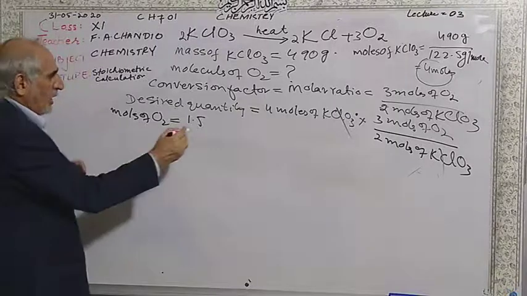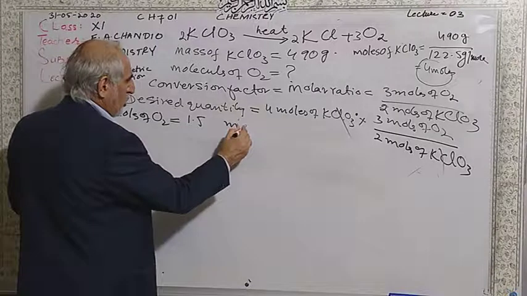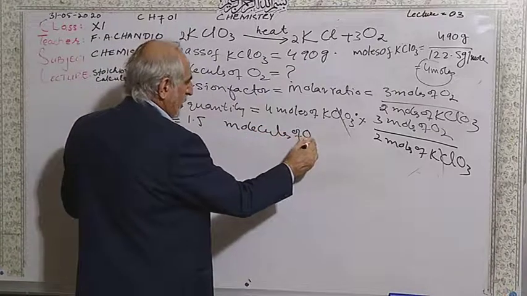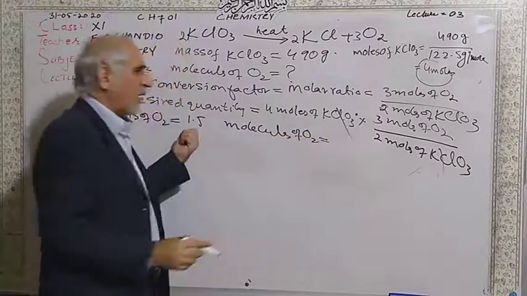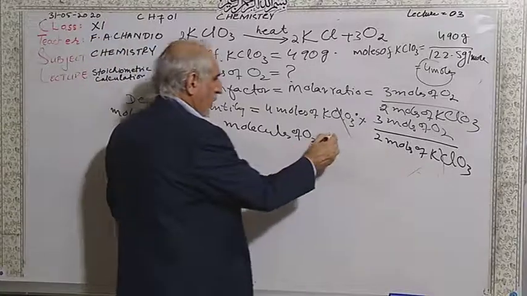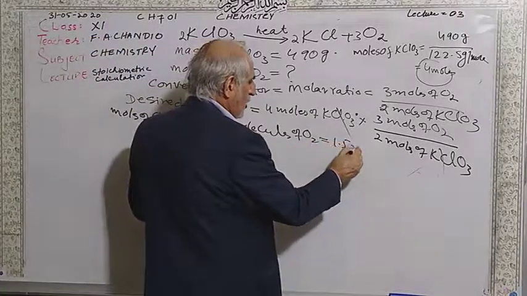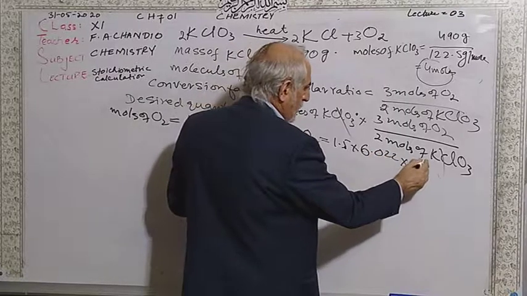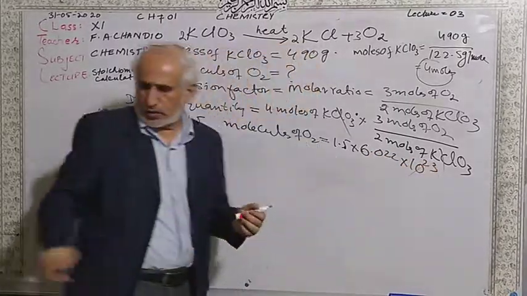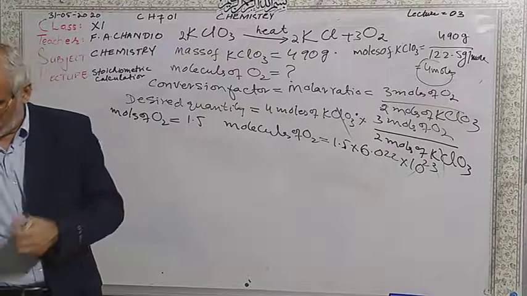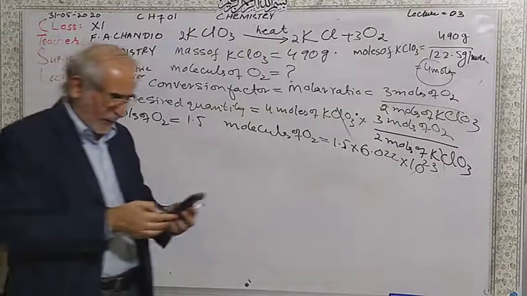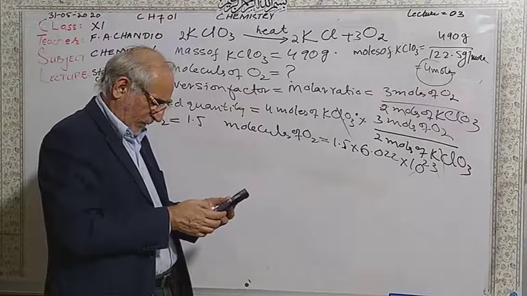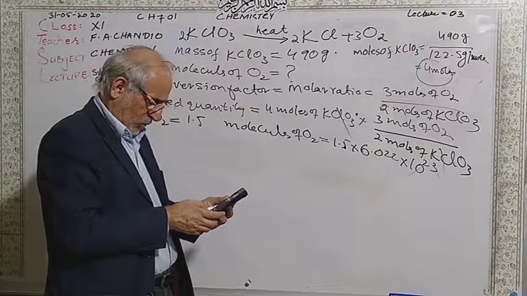Now, the number of molecules of oxygen is equal to moles multiplied by Avogadro's number. So 6 moles multiplied by 6.022 × 10^23.